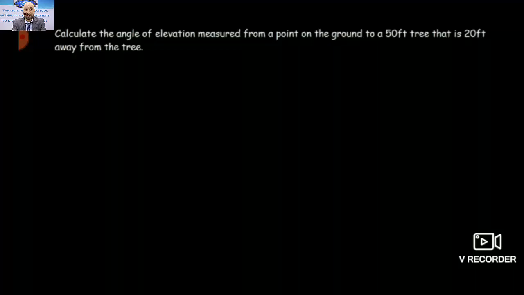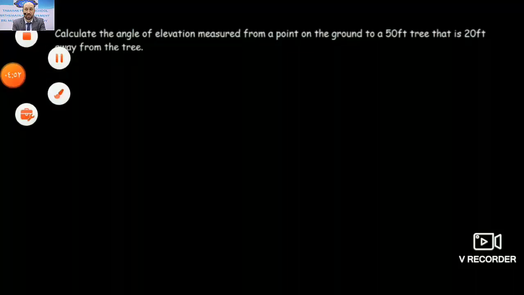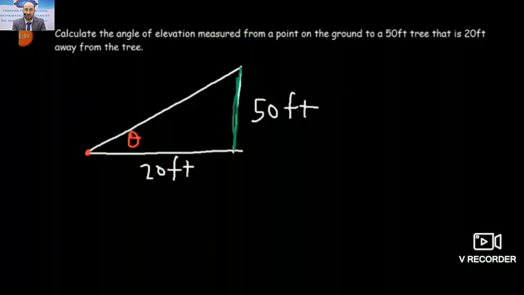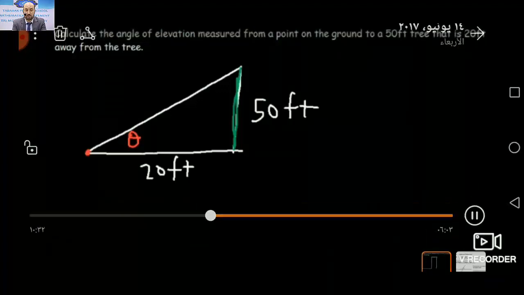Firstly, we have to draw the angle of elevation, and we put the 50 feet and the 20 feet. It's very important. So here we have a right angle triangle, and the height of the tree is 50 feet, and the distance between the man and the tree is 20 feet. And theta here is the angle of elevation.